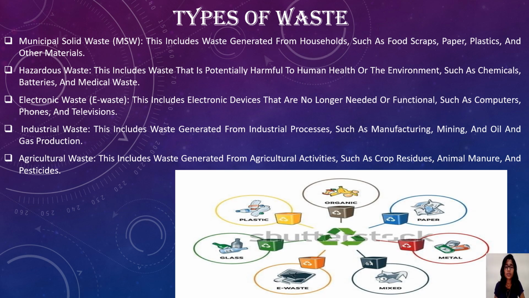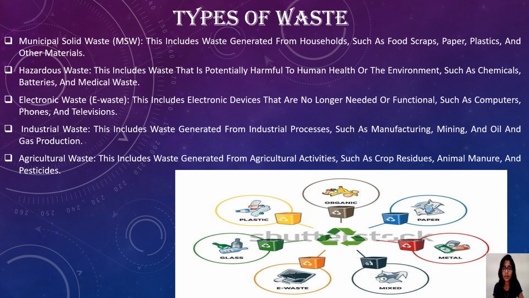Types of waste. Municipal solid waste. This includes waste generated from households such as food scraps, paper, plastic and other materials. Hazardous waste. This includes waste that is potentially harmful to human health or the environment such as chemicals, batteries and medical waste. Electronic waste.